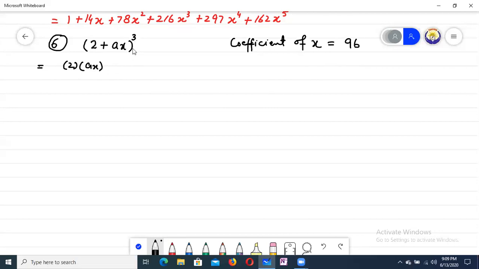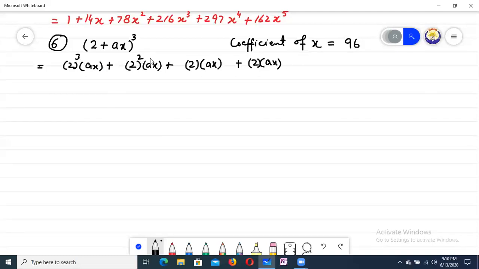As here the index is 3, we will write 4 terms here: 2 into ax, again 2 into ax, plus again 2 into ax. Now, you know, a raised to the power, here the index is 3, so we'll start from 3.